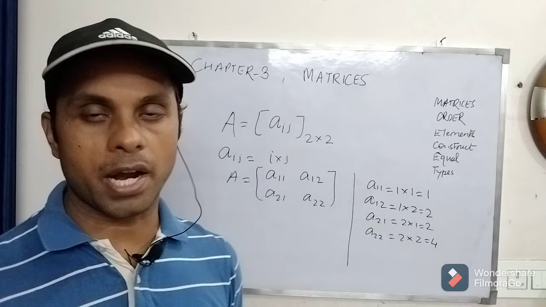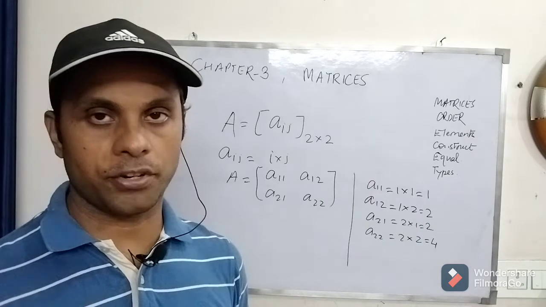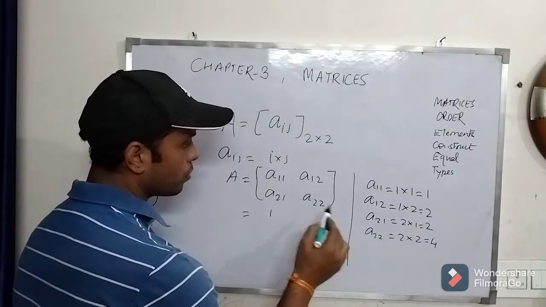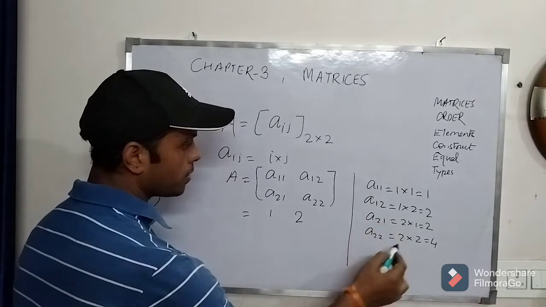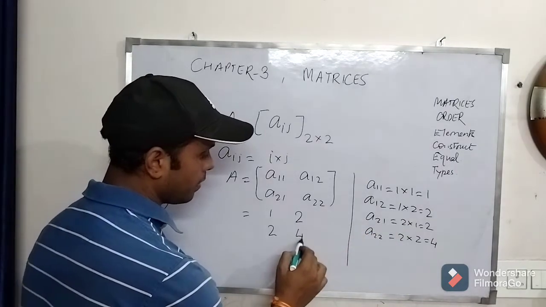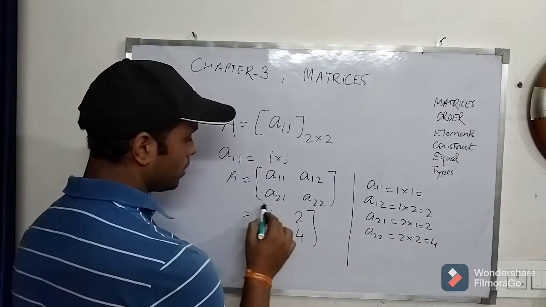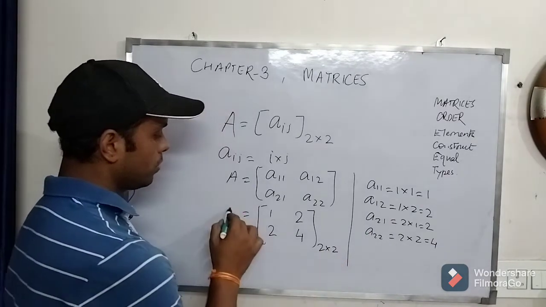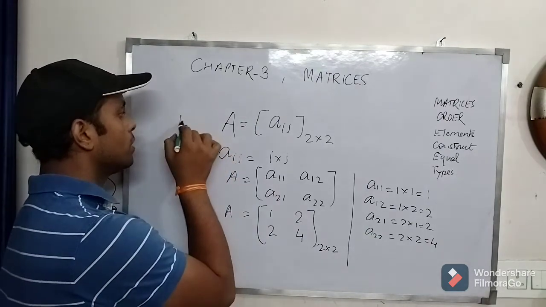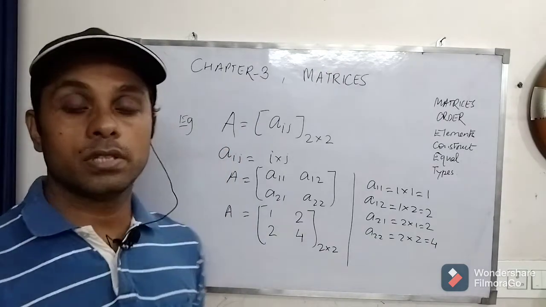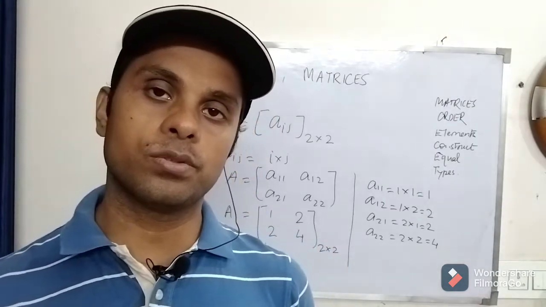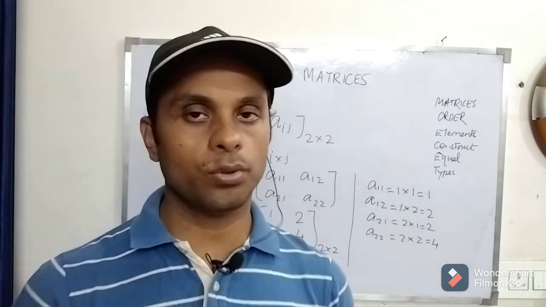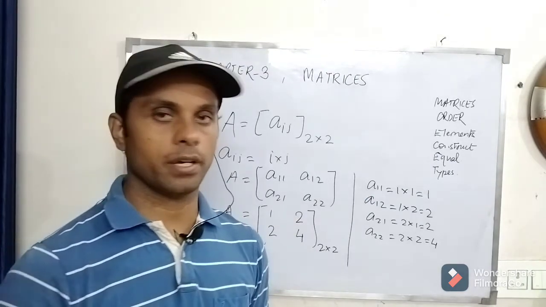Just put them here in the dummy matrix. Okay, so the elements of the first row are 1 and 2, and the elements of the second row are 2 and 4. So this is the required matrix of order 2 by 2. This is the answer. So this is the way, whenever you are asked to construct a matrix of given order, you can do it this way.